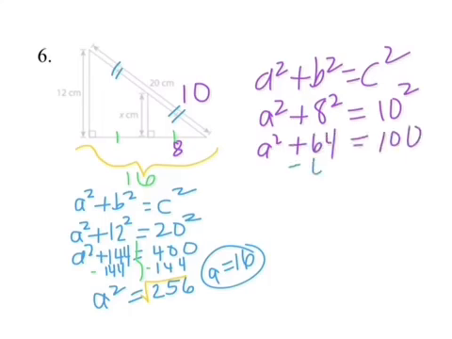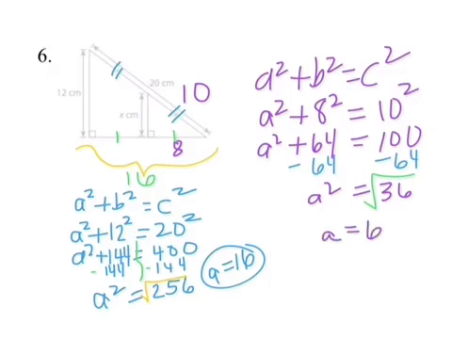Then subtract 64 on both sides to get a squared by itself. That would equal 36. Then the final step would be to get the square root of 36, which equals 6. So the value of x, this leg here, is 6. So for my final answer, x equals 6 centimeters.